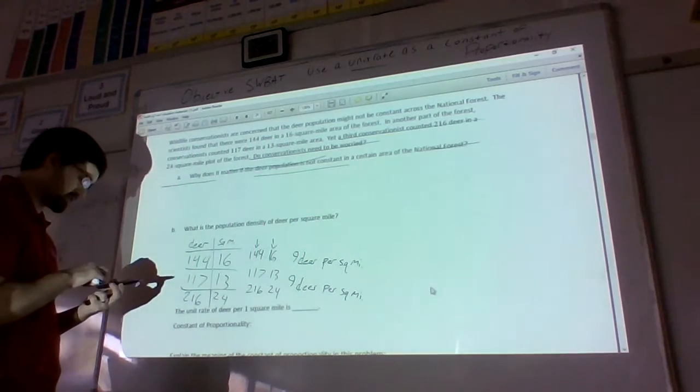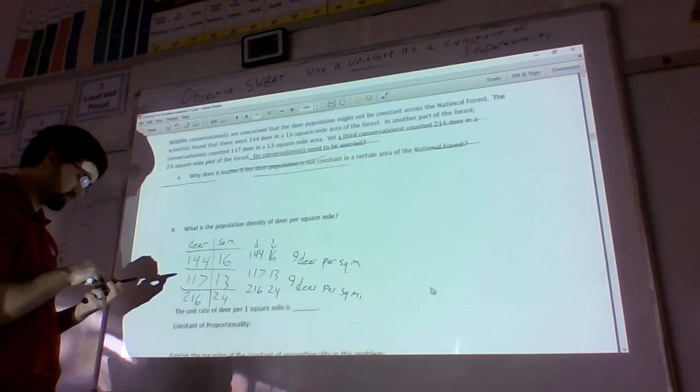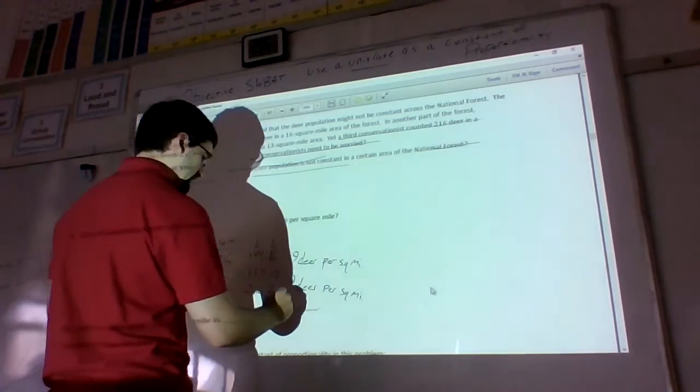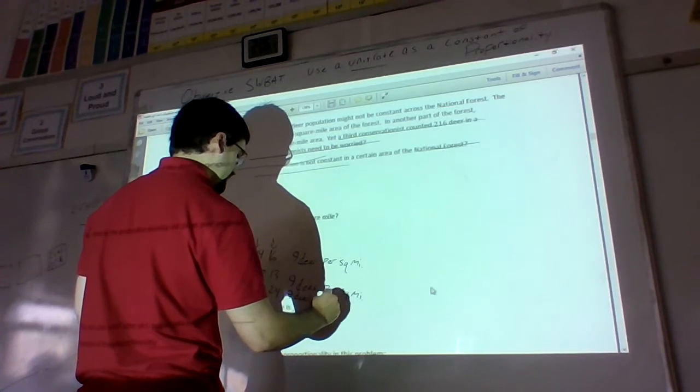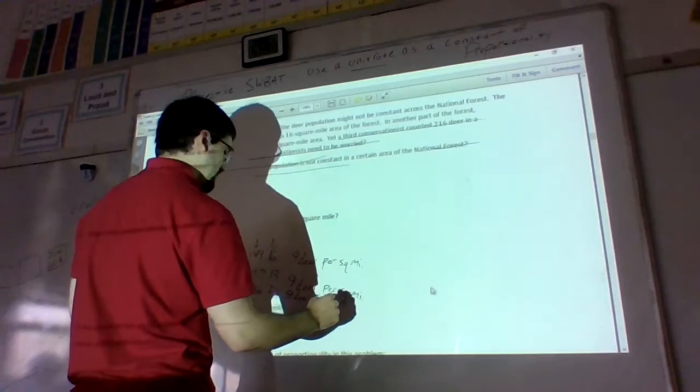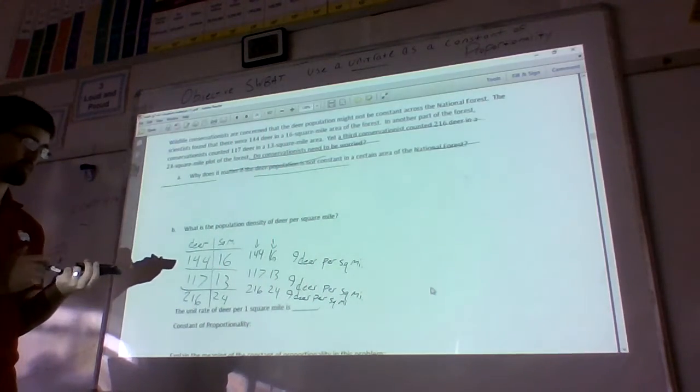Last one, 216 divided by 24 gives me 9 deer per square mile.